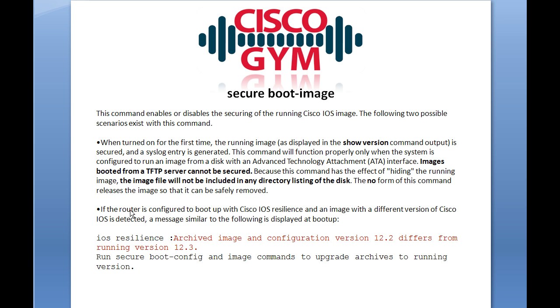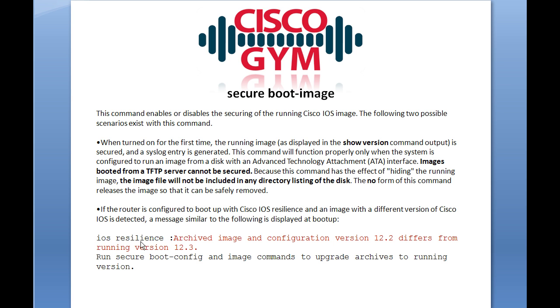Okay, and the second of these scenarios is simply the version mismatch that we just went over with the secure boot config. Very similar. So if your secure boot set includes an iOS image that's say 12.3 and your running iOS image is version 15.0, you're going to get a version mismatch message, similar to what we just went over with the secure boot config.